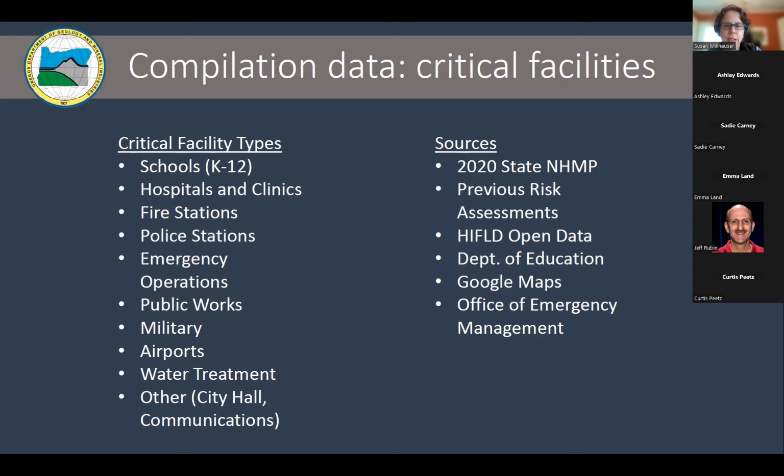So I wonder if that's a separate conversation or how that fits into this overall risk assessment, the whole conversation around community lifelines, which could be a grocery store or food distribution center, et cetera. Just a thought. There is a lot of overlap between the lifeline components and critical facilities, but they're not always exactly the same.